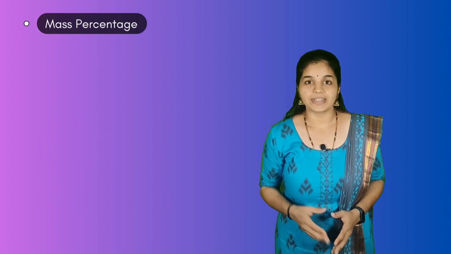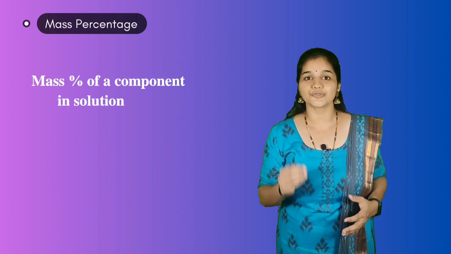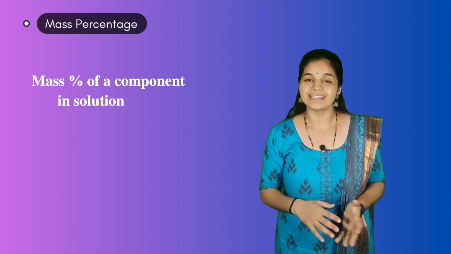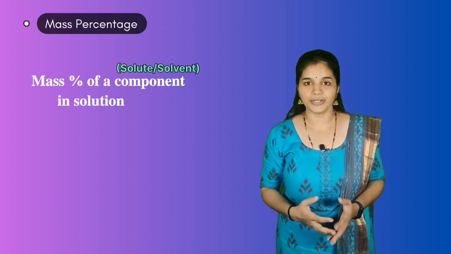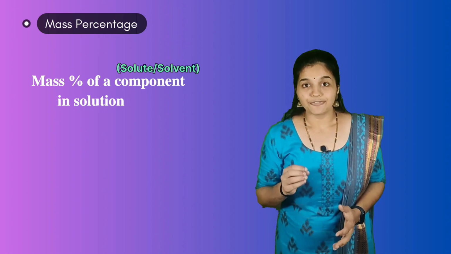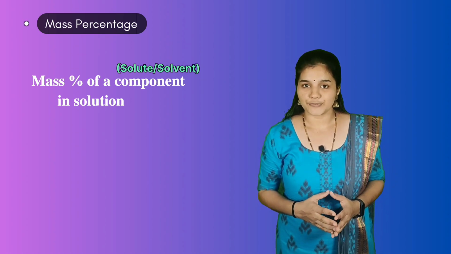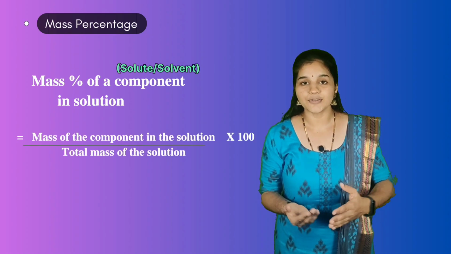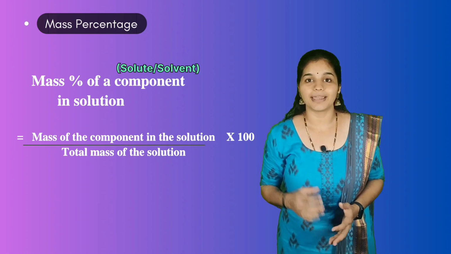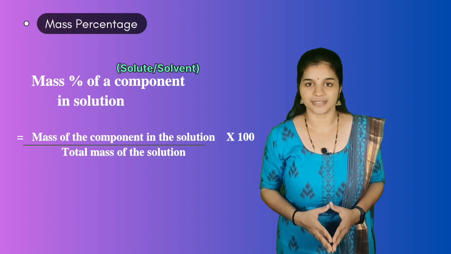Mass percentage. Here we speak about mass of a component in terms of percentage. Component means it can be solute or solvent that is present in the solution. For any solution, if we want to determine mass percentage of solute, we have to divide mass of the solute by total mass of the solution and multiply it by 100 so as to get the percentage.